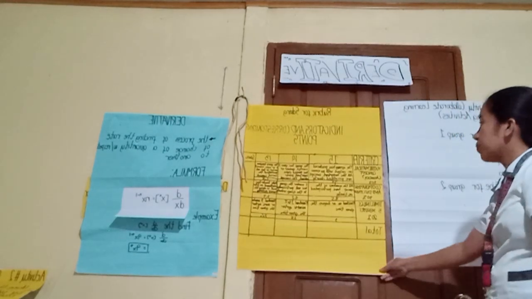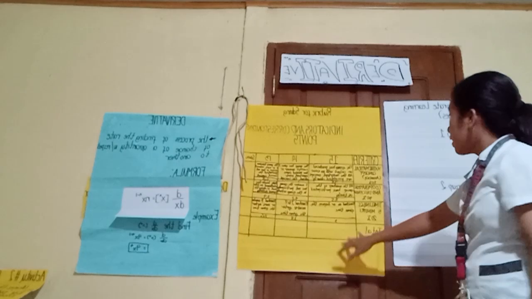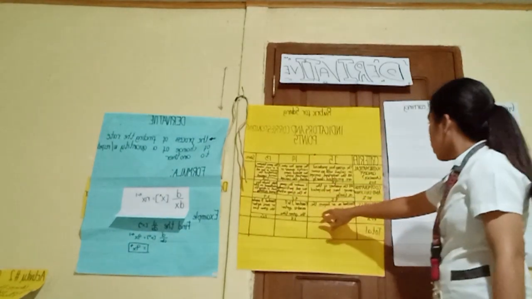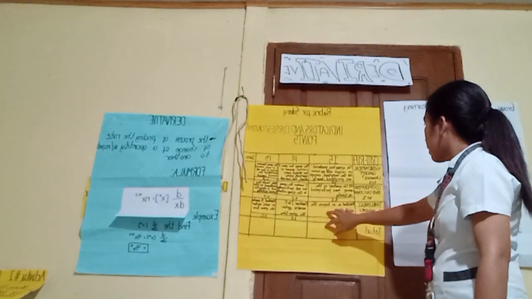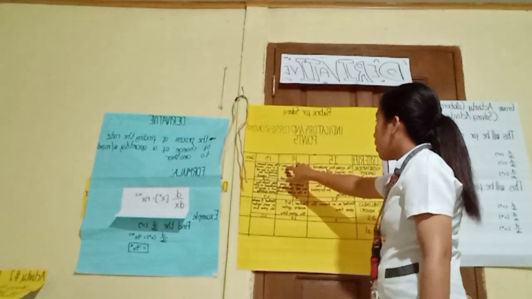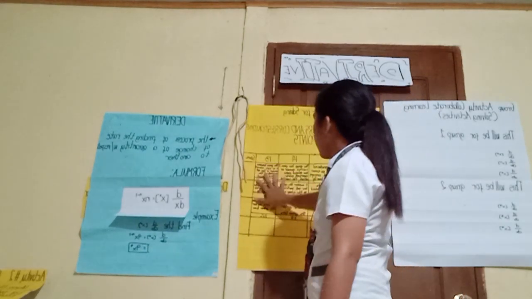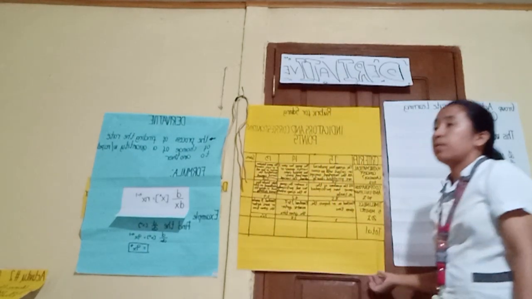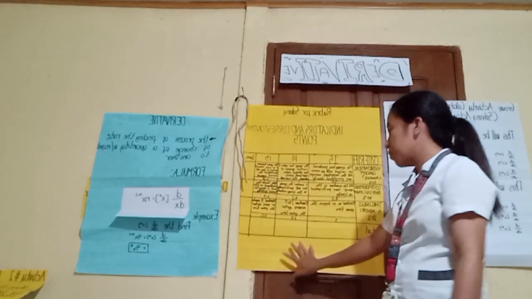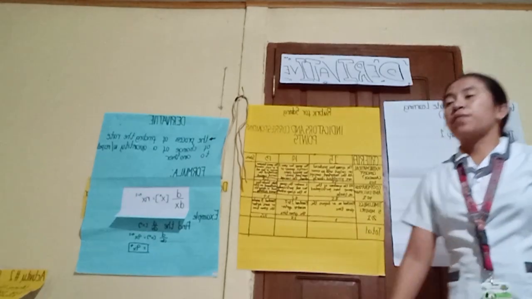On the criteria, group 1 has 15 points, 14 points, and 30 points, so the total is 30 points.